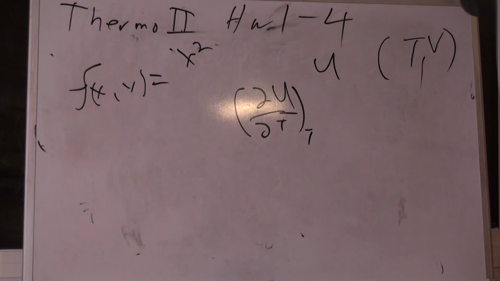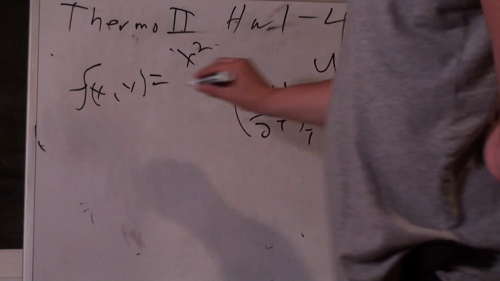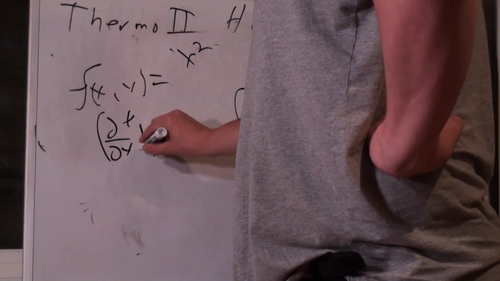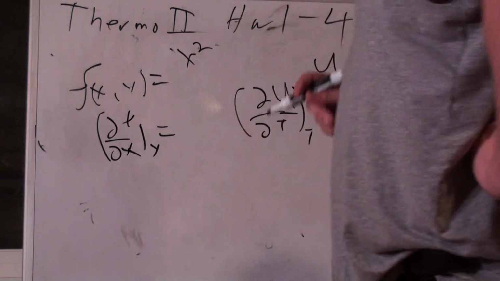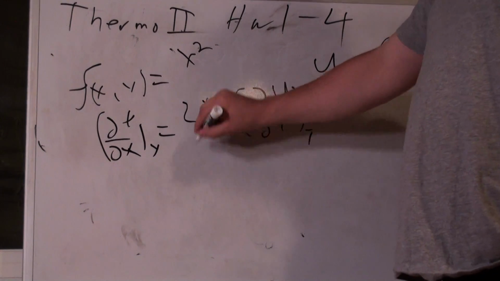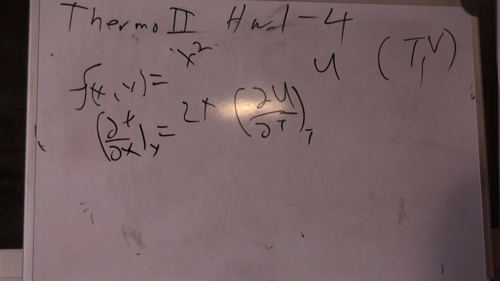Okay, so I have 2 choices. I can either do df/dx at constant y, or df/dy at constant x. Let's do that. df/dx at constant y is going to equal 2x, right? Yeah, because y was kept constant. Well, it might be like, why do you keep y constant? There is no y.